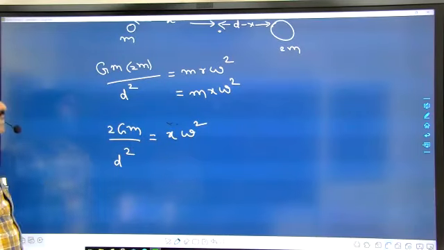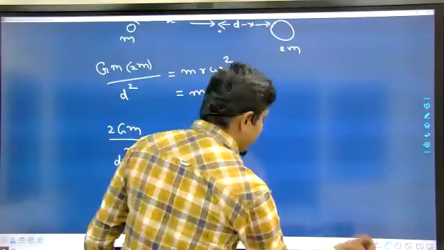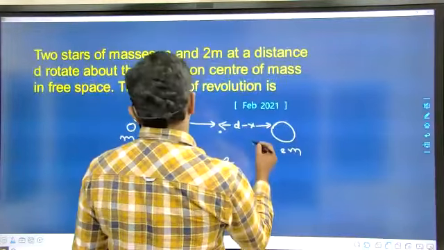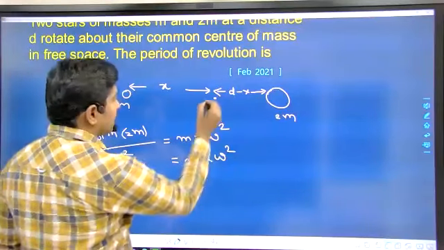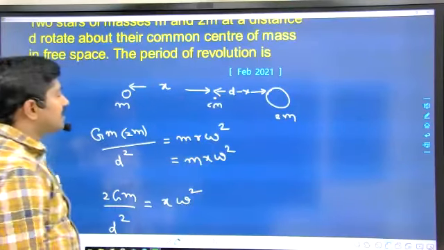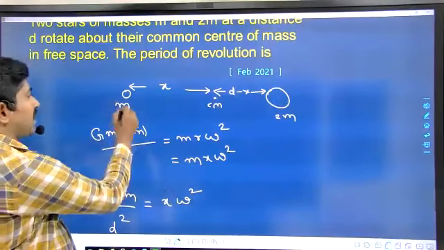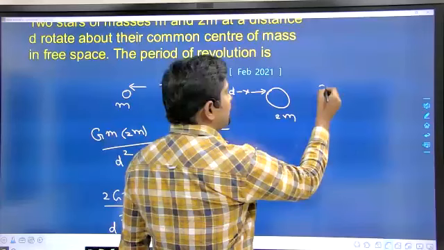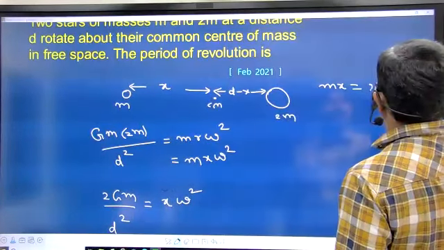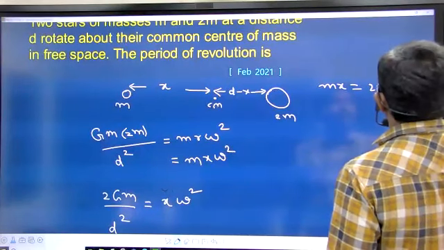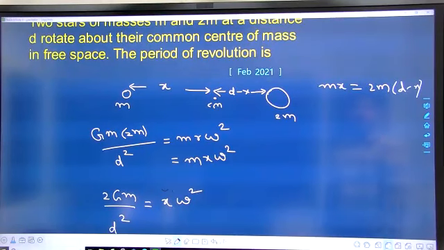But x also should not be there. You have to find out the value of x here. How can you calculate the x value? If this particular point indicates the center of mass, then the moment of the two particles remains the same. What is the moment? Mass into distance. So m into x is equal to 2m into d minus x.